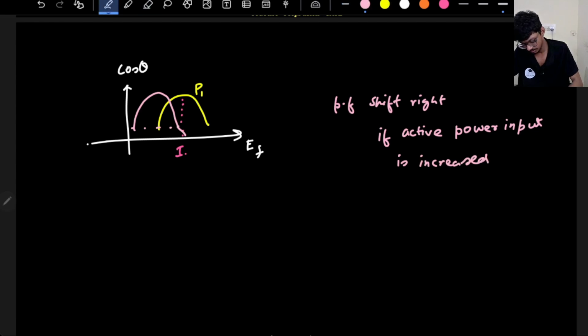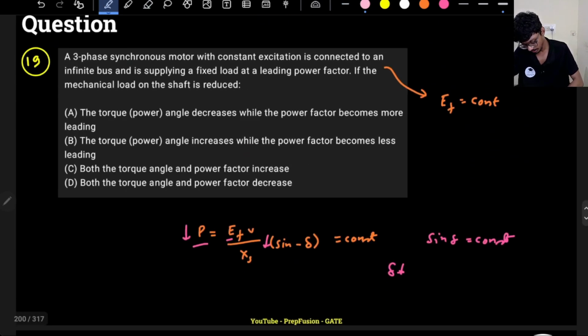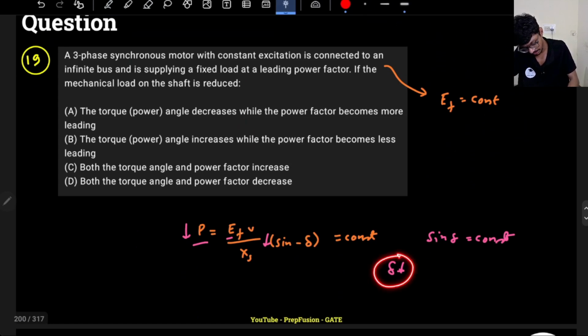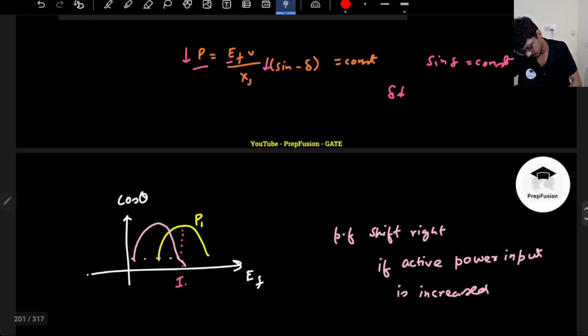This one I will tell you to remember. So delta will reduce and cos theta will also reduce. So torque angle reduces; this will not become more leading. Torque angle increases while power factor becomes less leading.